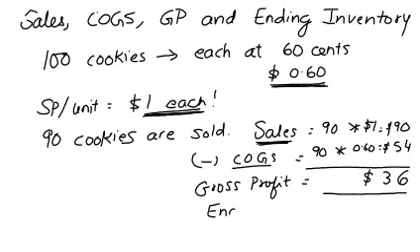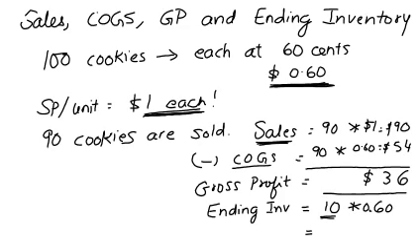Now the last part of it is what is my ending inventory? My ending inventory is the goods not yet sold and I have not yet sold 10 cookies. And this ending inventory, this is the most important part here, this ending inventory has to be valued at cost, which is 60 cents.